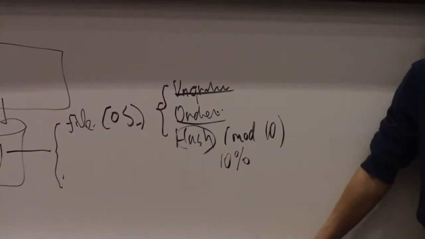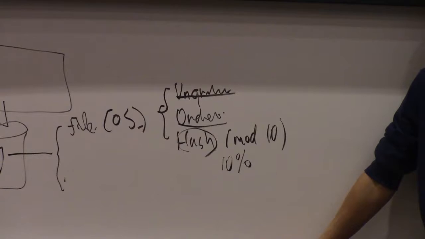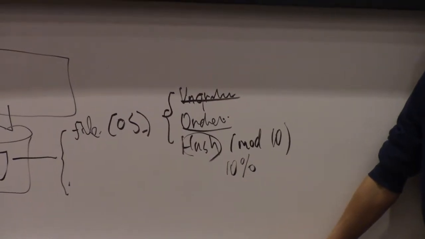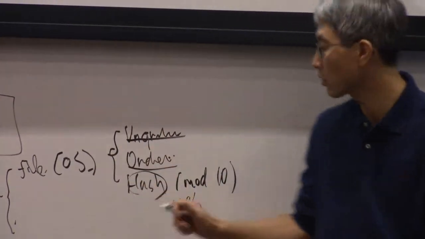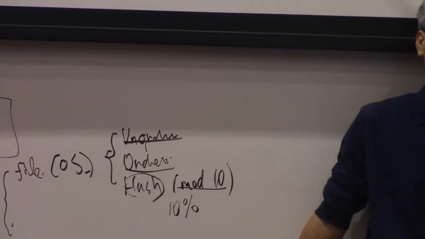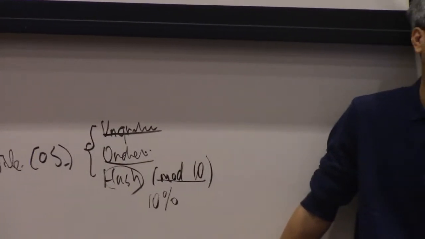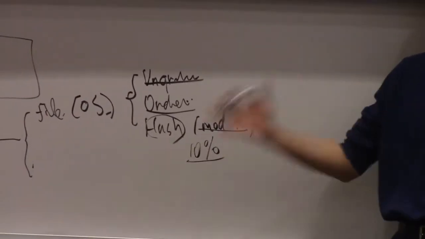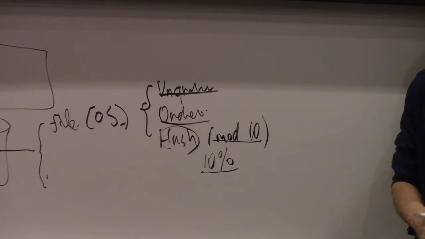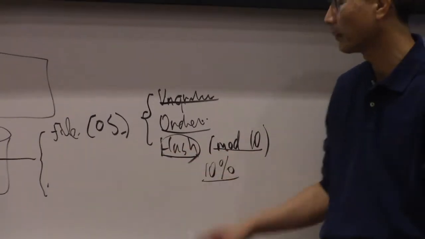It's a huge improvement in terms of performance, right? By applying only a simple function, even modulo, most hash functions are simple, you can speed up 10 times faster, right? So that is a hash file.